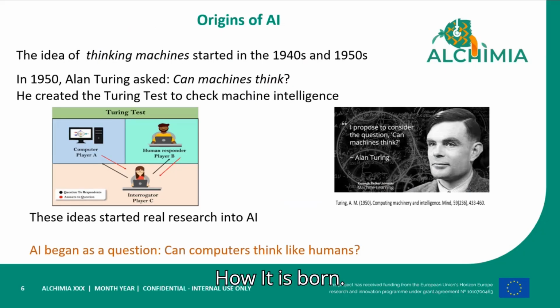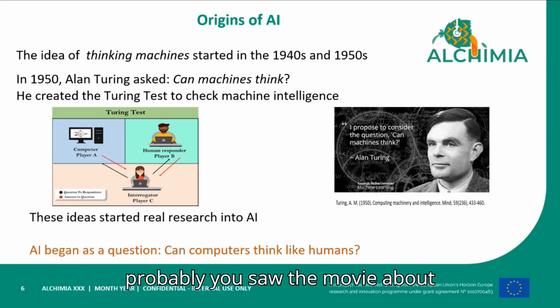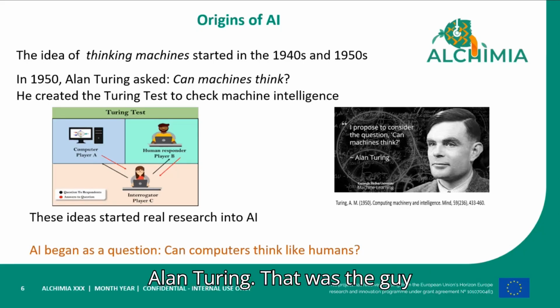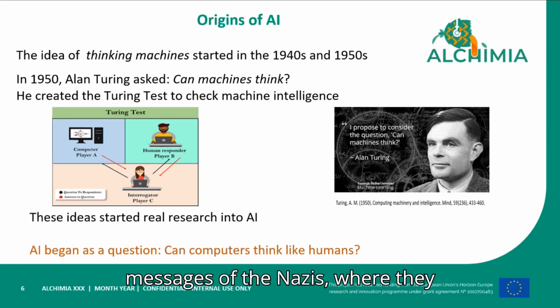How was it born? Probably you saw the movie about Alan Turing. He was the scientist who helped the military in the UK translate the cryptographed messages of the Nazis, who tried to schedule the attacks on the UK boats.